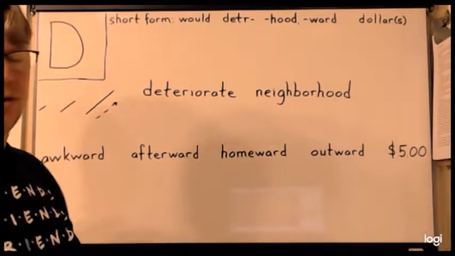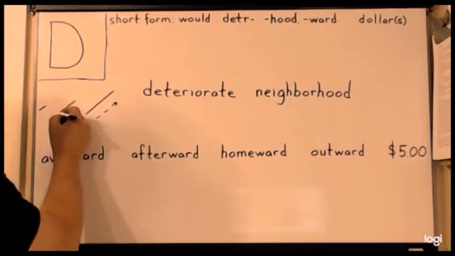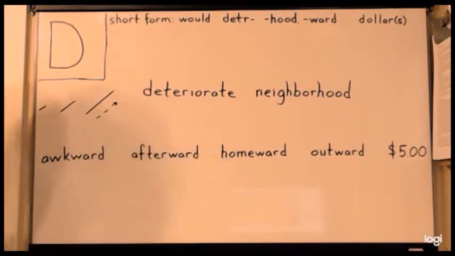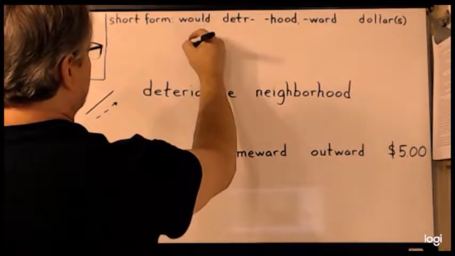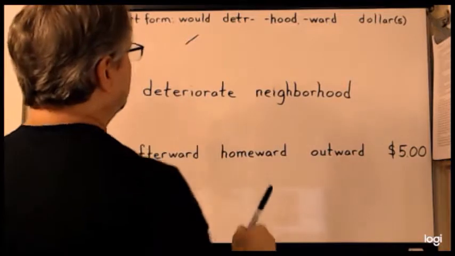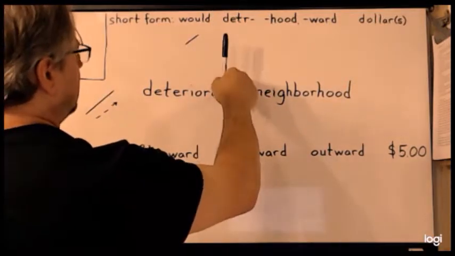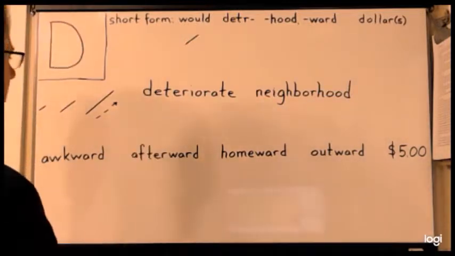For the letter D, we will use this medium-sized diagonal upstroke. It is also the short form for the word wood. The D is also used for the disjoined prefix D-E-T-R, as in the word deteriorate.